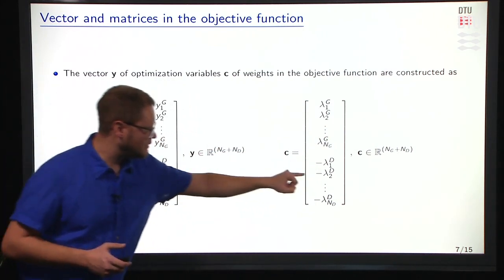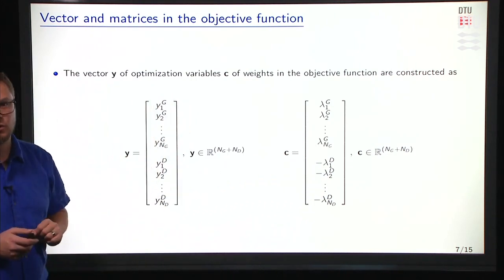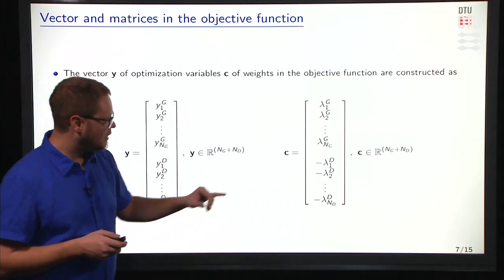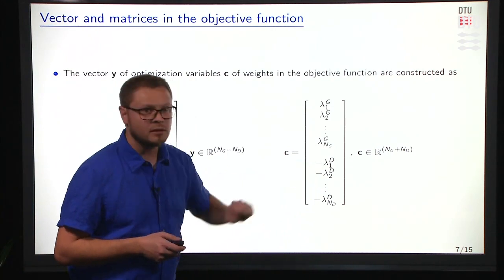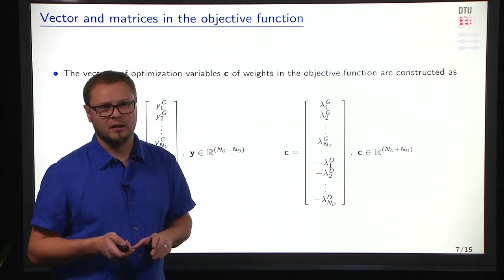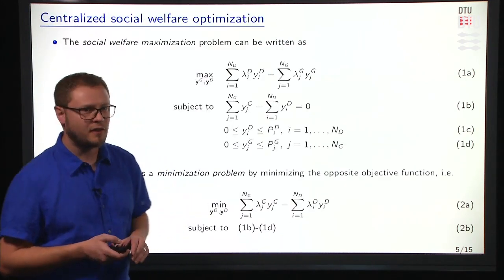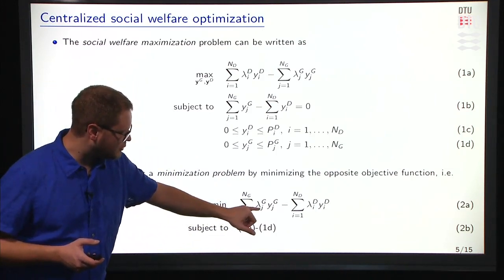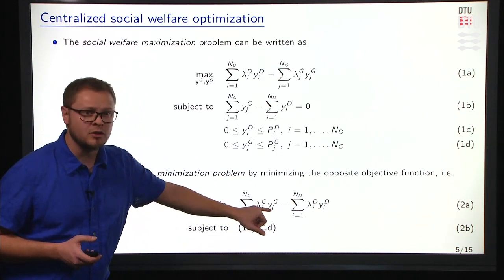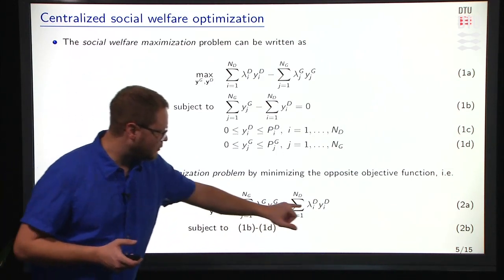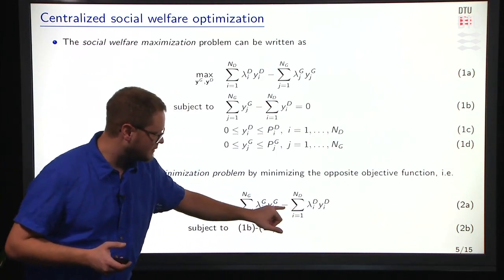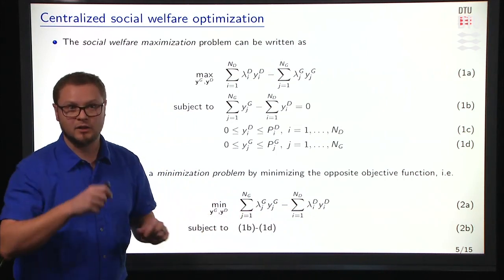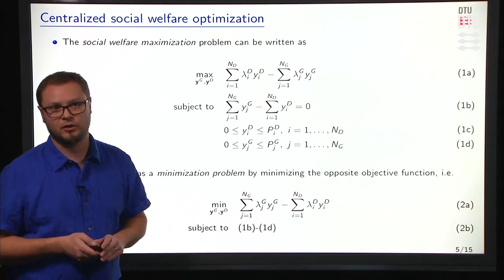Second agent, this was the price offer, etc. You observe here a minus sign. This is there to represent the fact that in our objective function, we considered the price offers of the generation side positively and the price offers of the demand side negatively, so as to calculate this area between the curves.